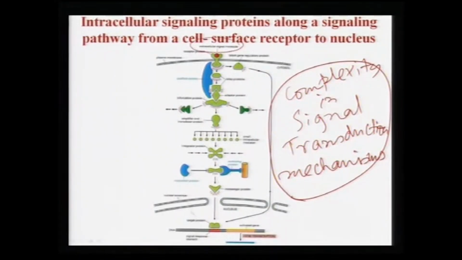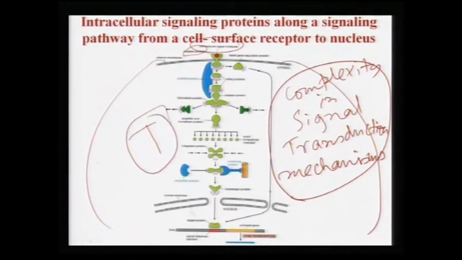They will come and interact with the receptor protein of your target cell. This whole area is your target cell. Now, once this signal comes, it will in turn activate a large number of protein molecules in the path, and these protein molecules are like part of one large scaffold protein.